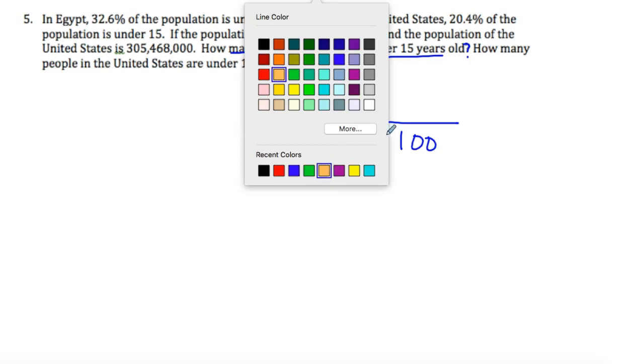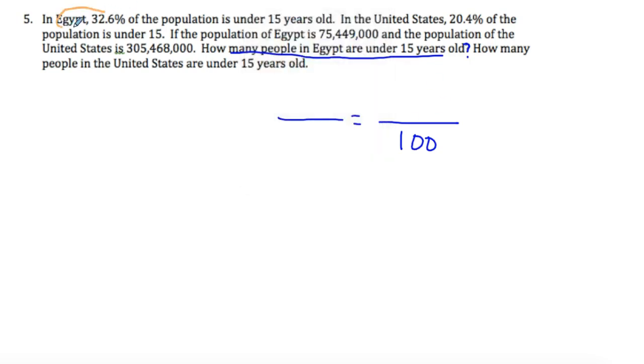So when I look for the percent signs, I see Egypt 32.6, and I see United States 20.4. Okay, my question had to do with Egypt, so I'm going to use this percentage because it said Egypt, 32.6.